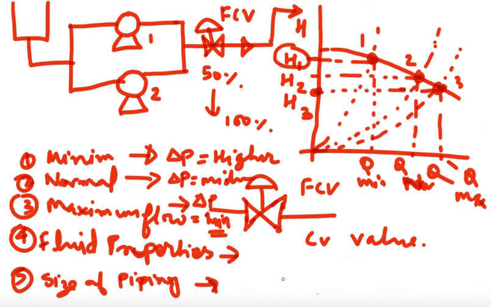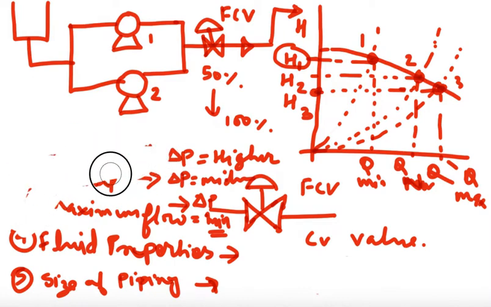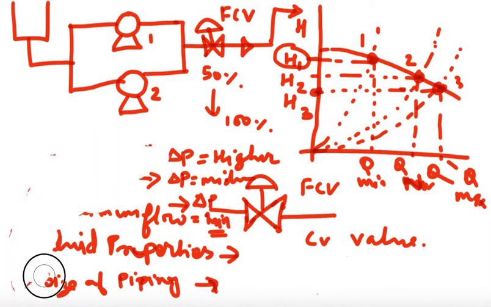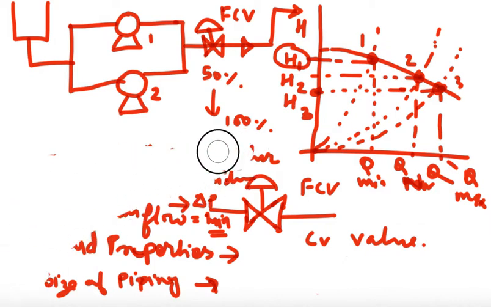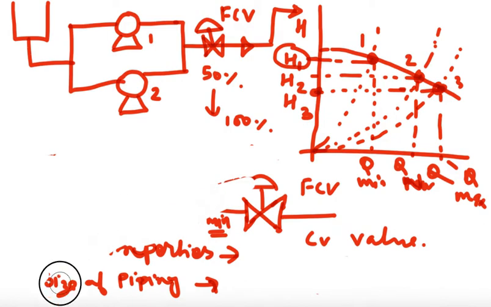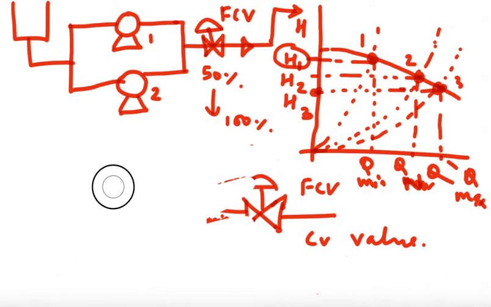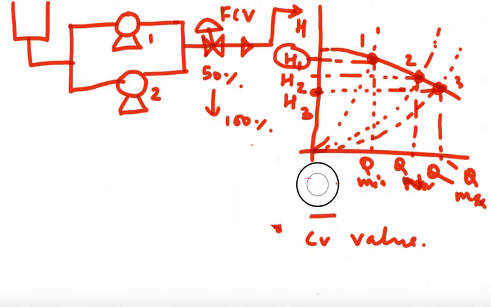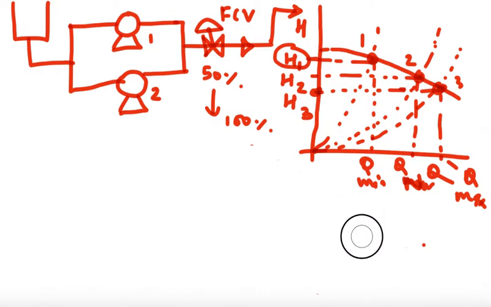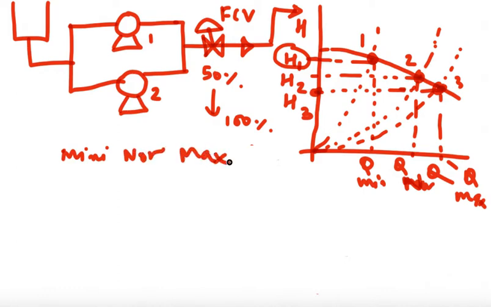Okay, now let's say I will just erase to have some space here. So actually now the main thing is we know the pressure drop, we know the values of flow rates for FCV sizing. So we have minimum flow, normal flow, maximum flow, Q minimum, Q normal, Q maximum.